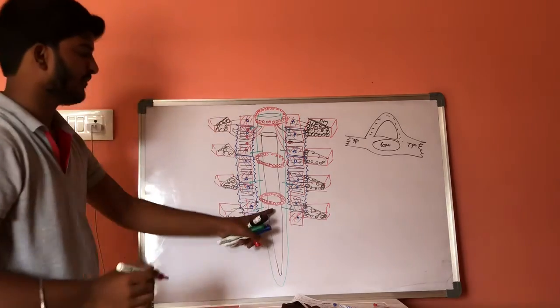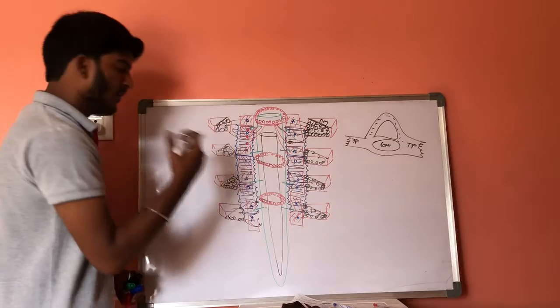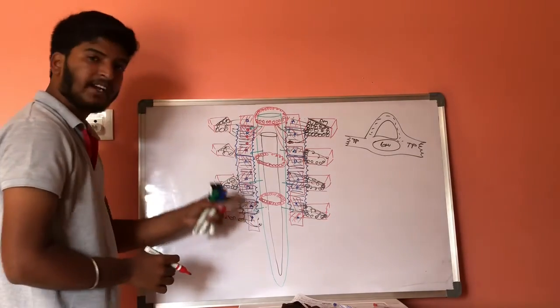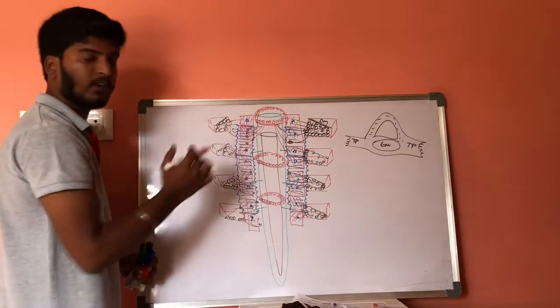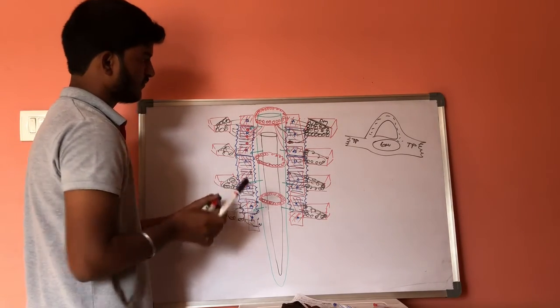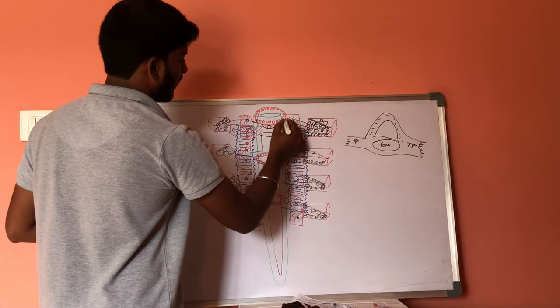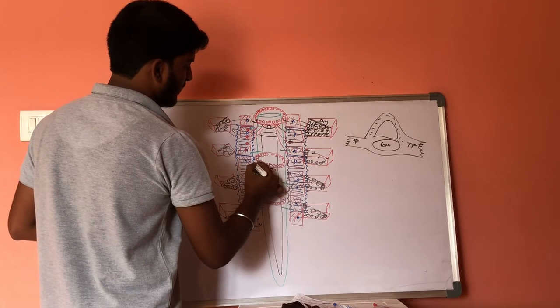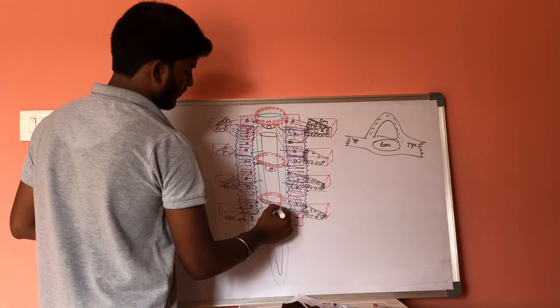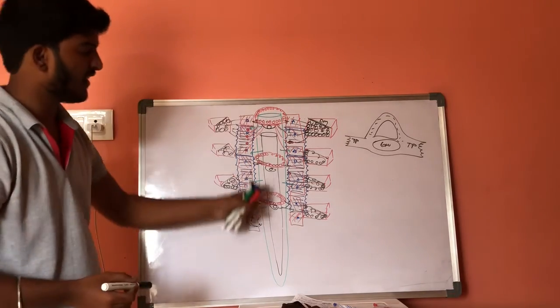This vertebral arch undergoes ossification, that is intramembranous ossification, directly converting into bone-like structures. And here one vertebra will be formed. In this way the vertebrae are formed.